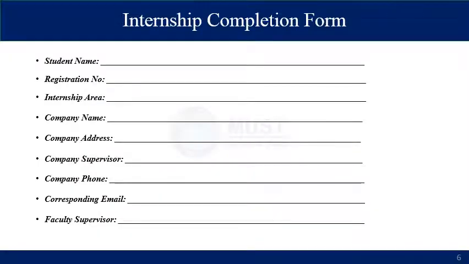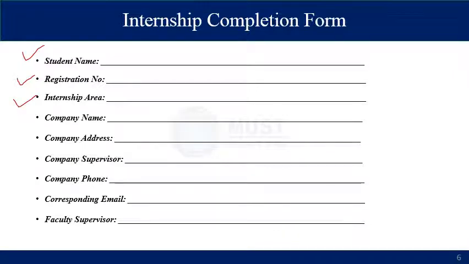So there are some important forms that you have to submit to the department, and the first one is the internship completion form. It is a very simple form that you have to submit in the department. It contains your name, your registration number, and internship area.